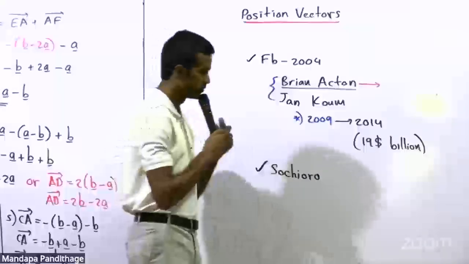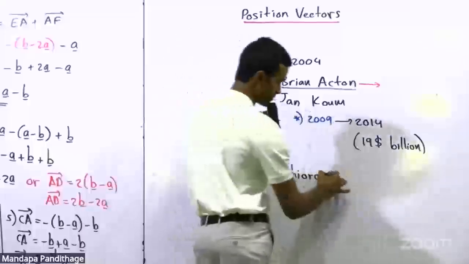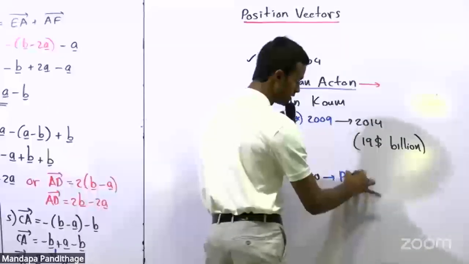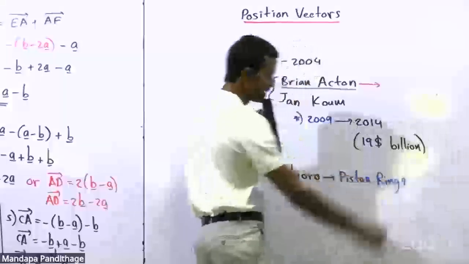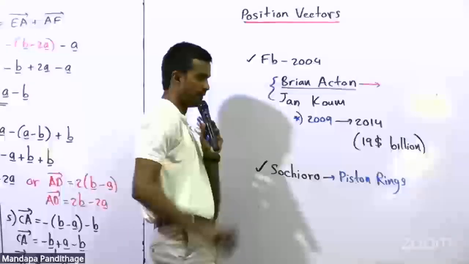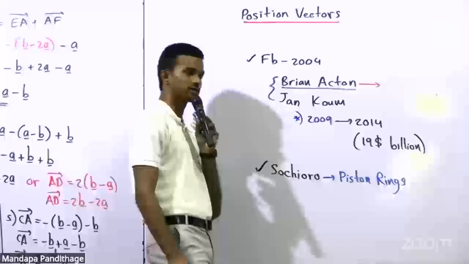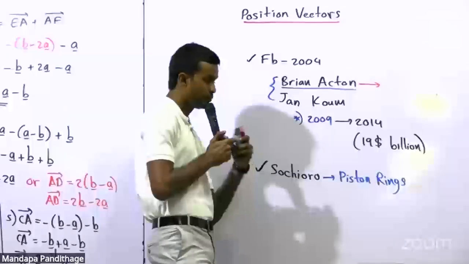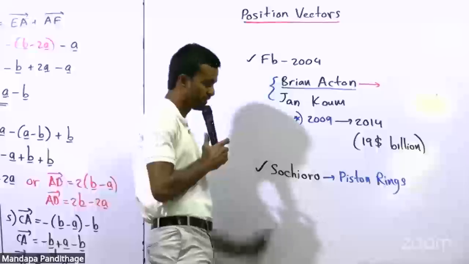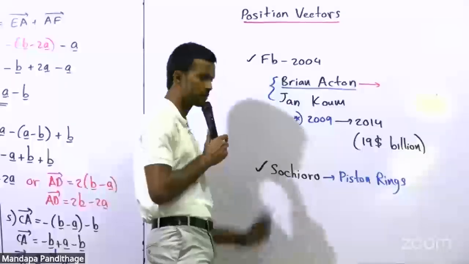And what did he do? He made piston rings. So piston is a part in the engine. And he had a company, they made piston rings. And they were supplying even piston rings to Toyota. And later they made a new piston ring design, and they pitched that design to Toyota, but they got rejected.